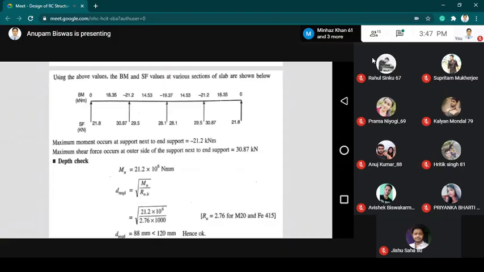So both the values are obtained for the outer face and inner face for the shear force criteria.